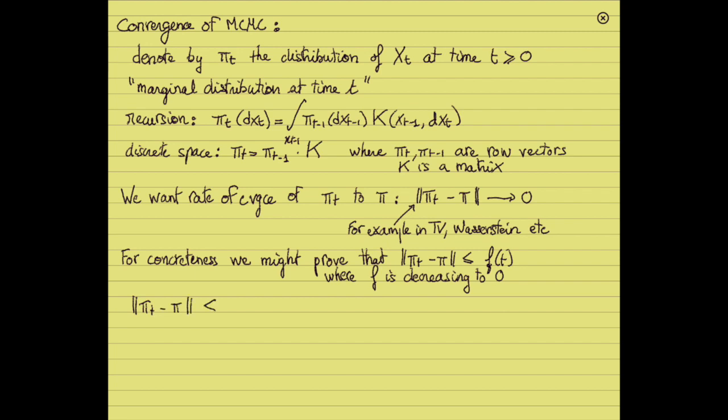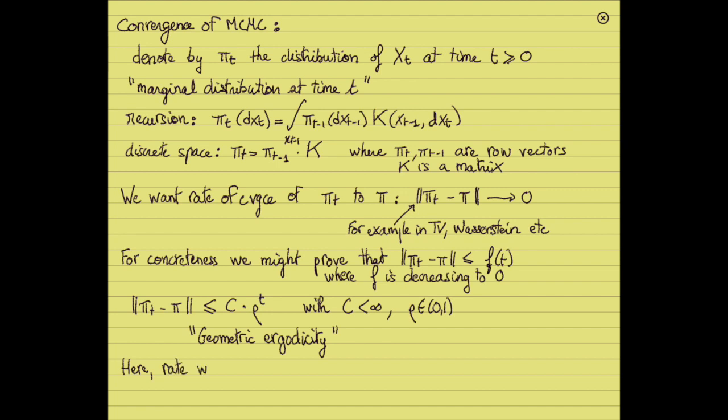So for example, we'll often have that the distance between pi t and pi will be less than a constant c times rho to the power t, where c is a finite constant and rho is a value between 0 and 1. In that case, we will say that we have geometric ergodicity. The Markov chain is geometrically ergodic. So it converges to the stationary distribution geometrically fast.